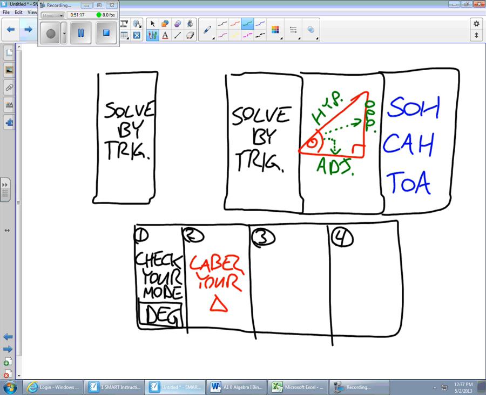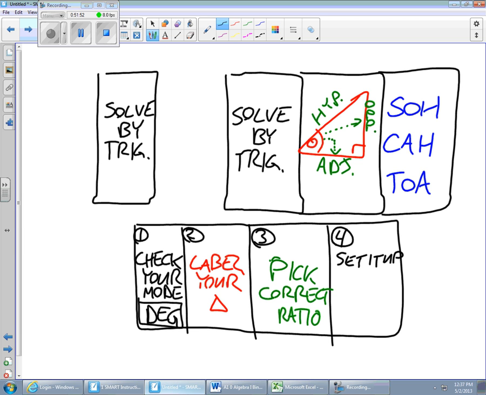The third step will be to select the right ratio. Based upon the information that you have in the problem, either you're going to have opposite and hypotenuse, and that would be sine, or you're going to have adjacent and hypotenuse, and that would be cosine, or opposite and adjacent would mean tangent.